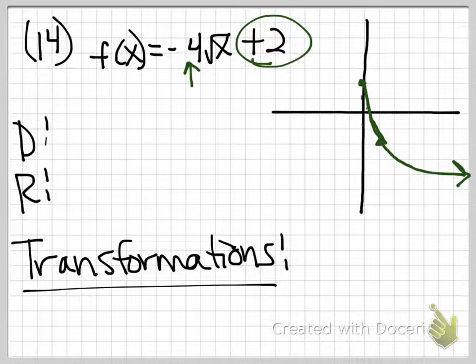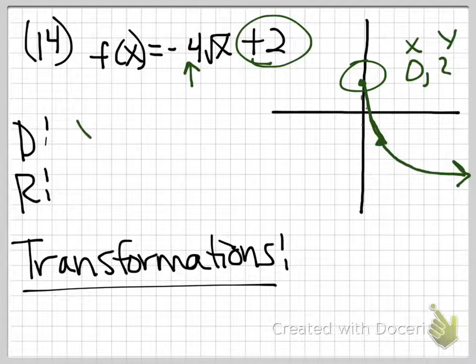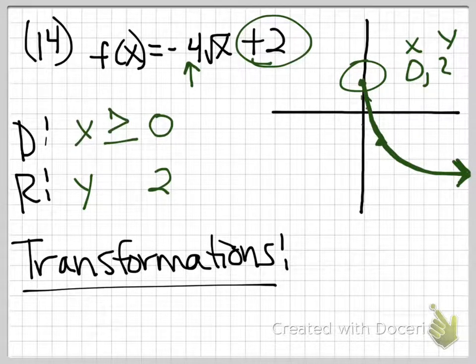So for the domain and the range, what's the starting point? 0, 2. This is the x and this is the y, so the x is going to be 0, the y is going to be 2. Now, this goes to the right as it goes downward. The right tells me greater than or equal to, and the downward part tells me less than or equal to.